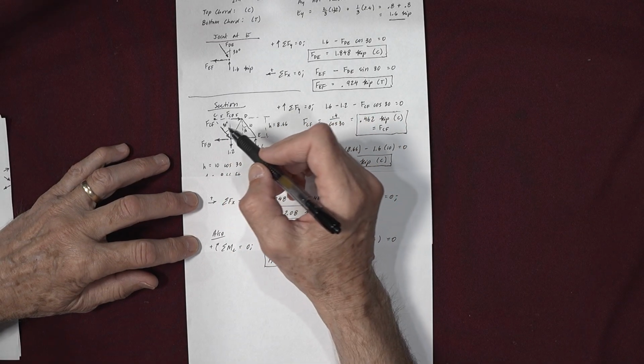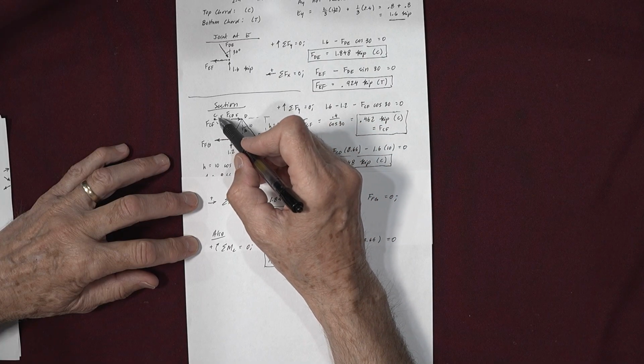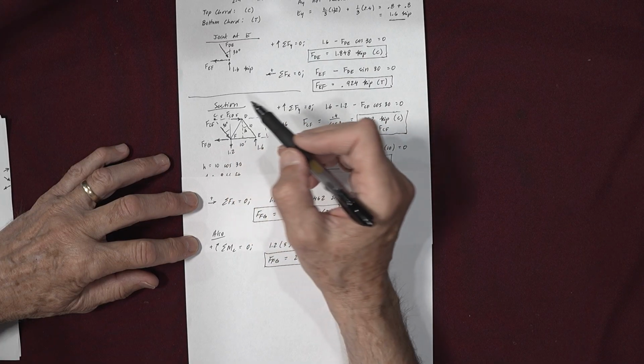Another way to get FFG is, again, to sum moments about C. At C, the lines of action of these two forces intersect.